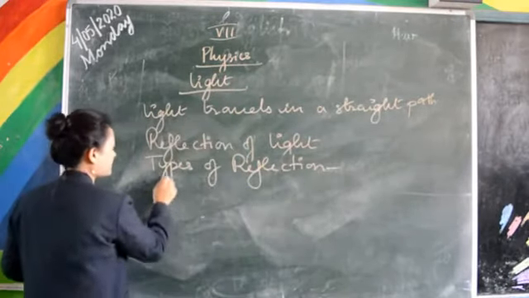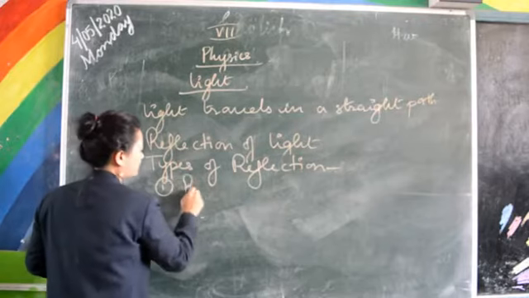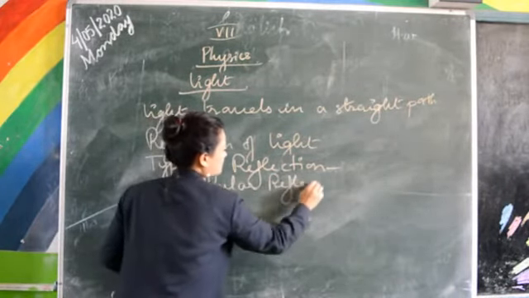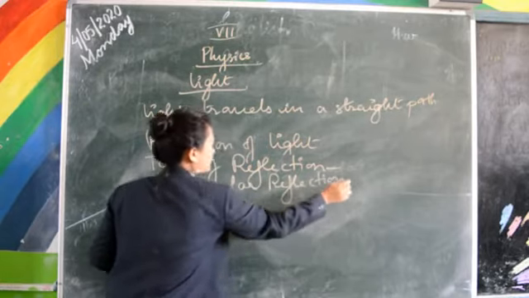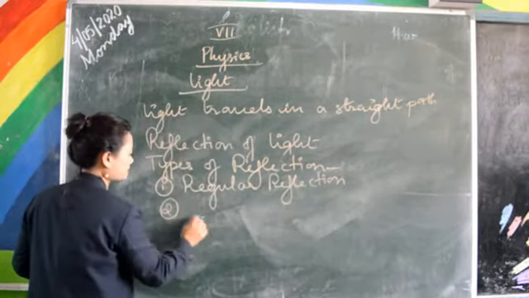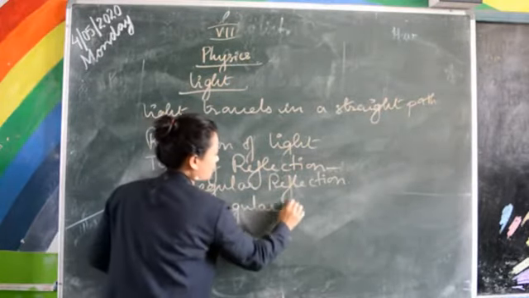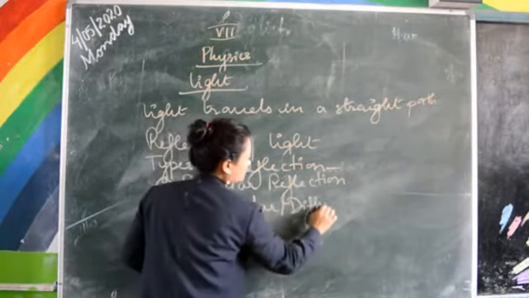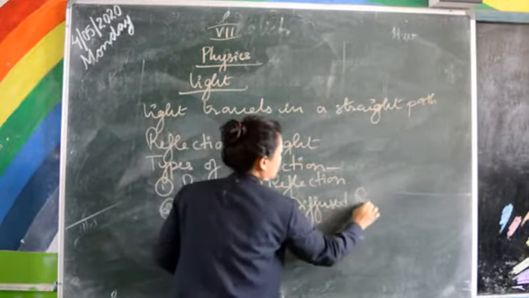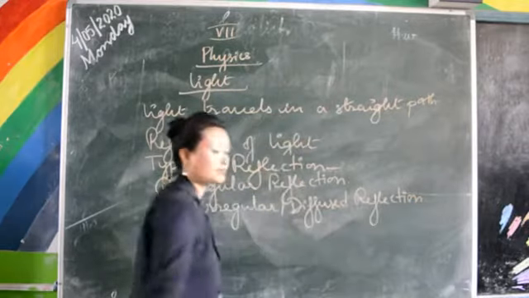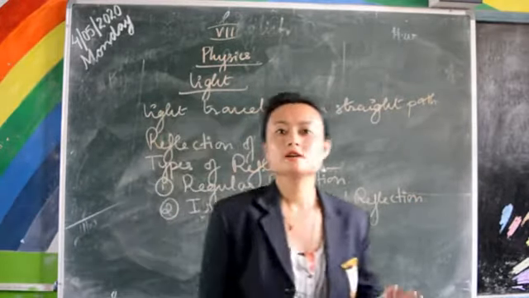The first one is regular reflection, and regular reflection takes place on smooth and polished surfaces. The other one is irregular or diffuse reflection, and irregular or diffuse reflection takes place on irregular or rough surfaces.